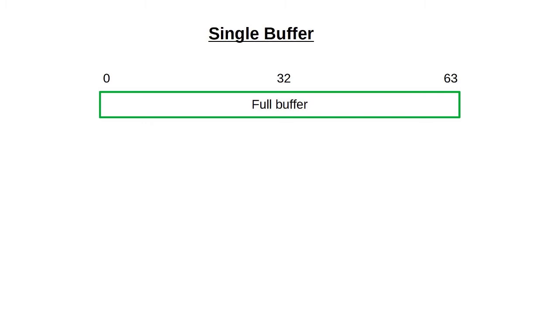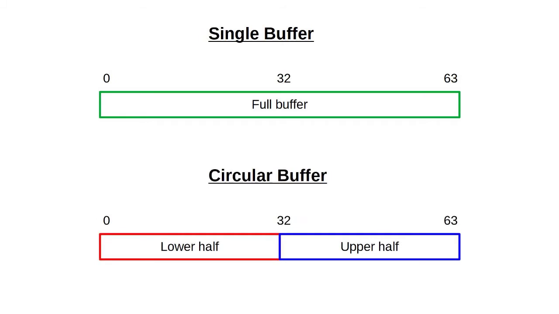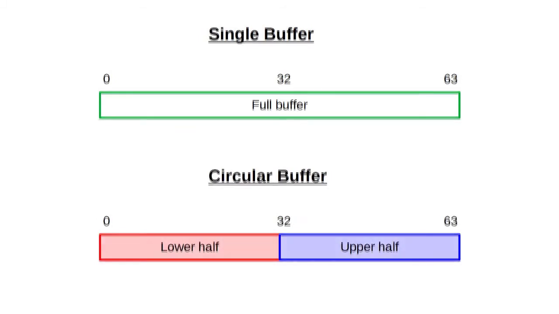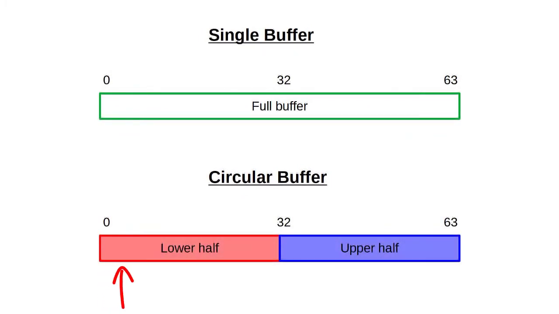We want the processor to be working hard, so we want to spend nearly all the processor time calculating our synthesizers so we can do as much as possible. So what we do instead is use a circular buffer split into two halves. Say the buffer is full of samples. The DMA will play through to 32 and then will send an interrupt saying the buffer is half used.